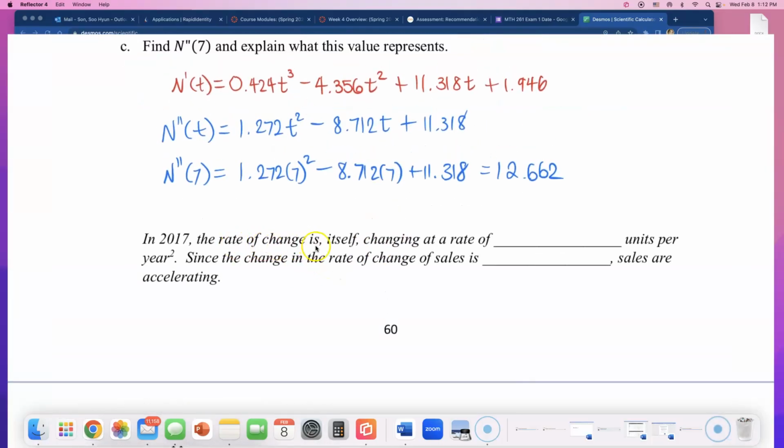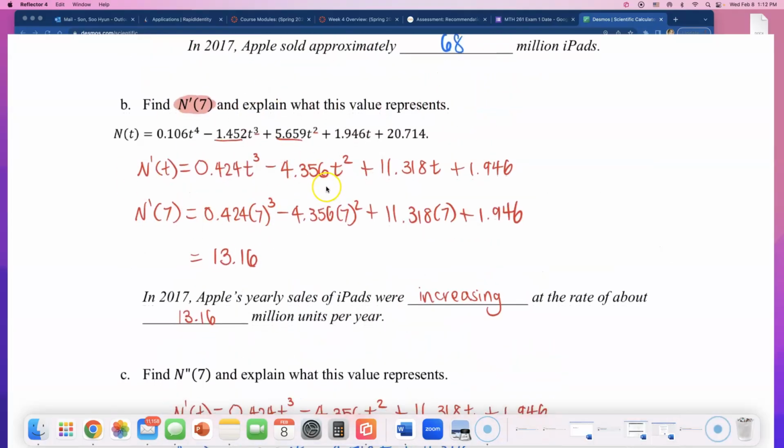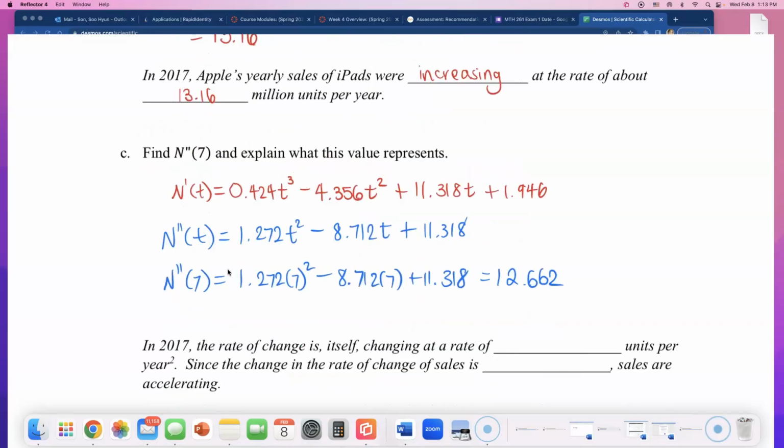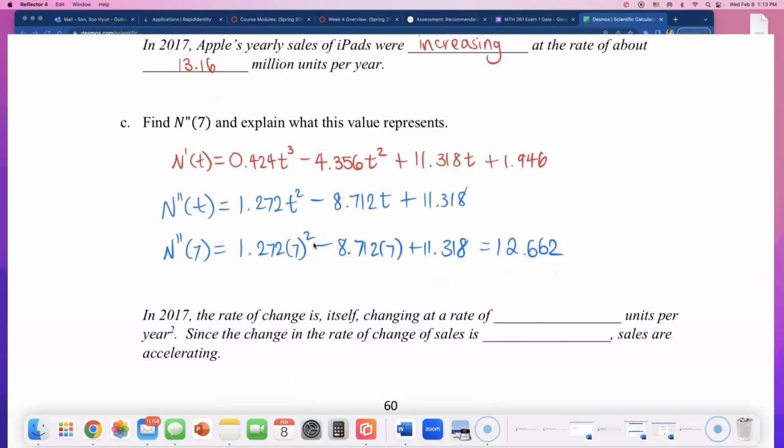It's kind of weird, because earlier we talked about whether the sale of iPads is increasing or decreasing. It's a good thing that the sale is increasing, because they'll be able to sell more iPads next year. But for this part, we're talking about how fast this change is happening.